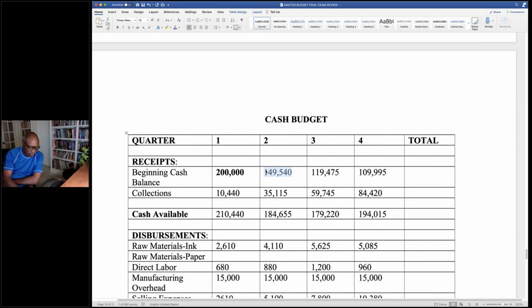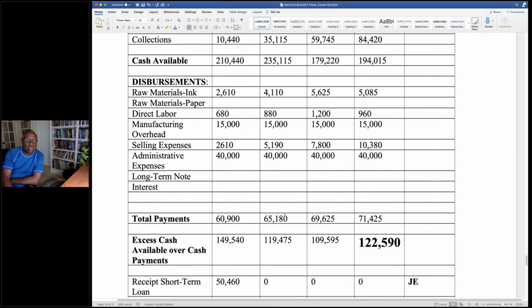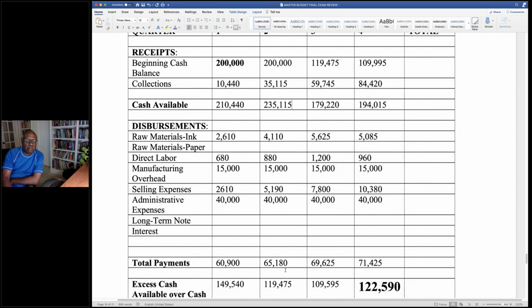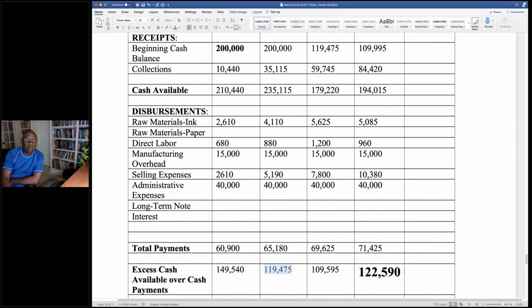So now we'd have what, 235,115? Right. 65,180 are the payments. So we subtract 65,180 from 235,115. What's our excess now? 169,935.